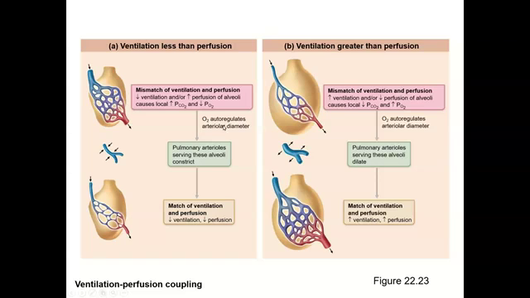So if we have an increased ventilation, so we breathe a lot and we get a lot of oxygen in, but we don't have good perfusion happening at the time, our arterioles will dilate so that they can take up more of that oxygen that we breathe in.